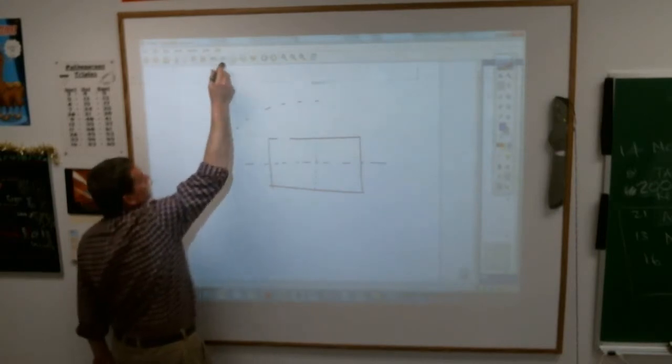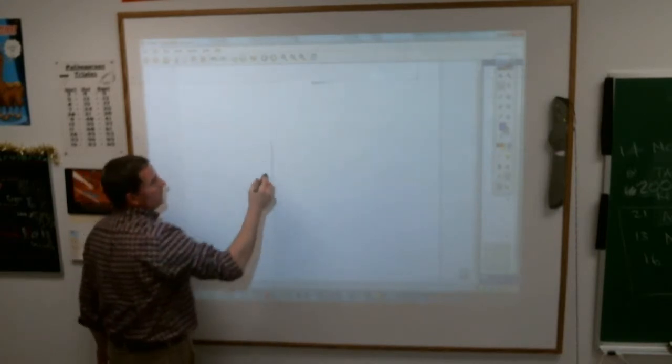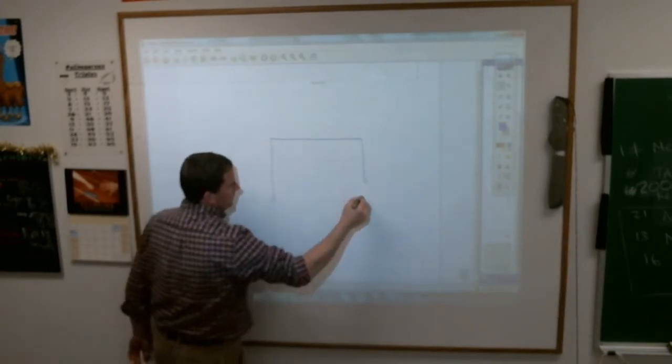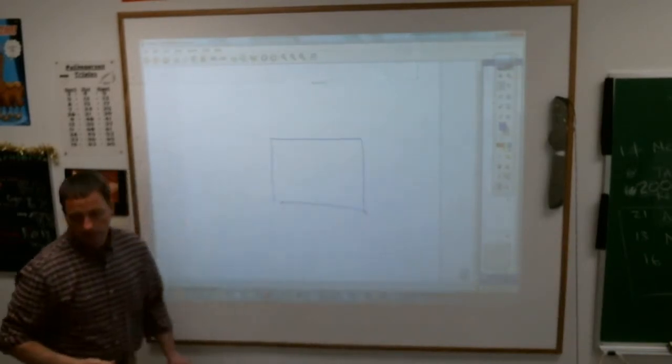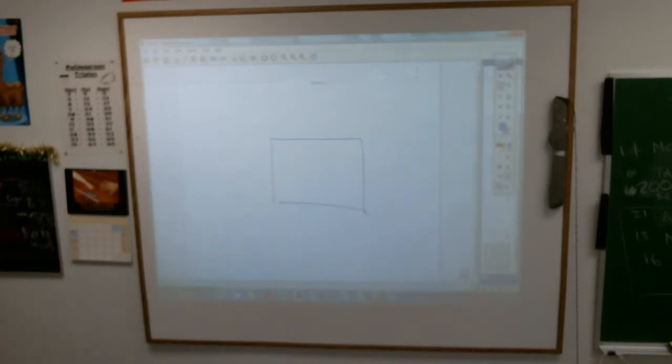Now a square, if I rip this piece of paper into a square, 8.5 by 11, how much wider is it than it is tall? 2 and 3/4 I have to rip off.